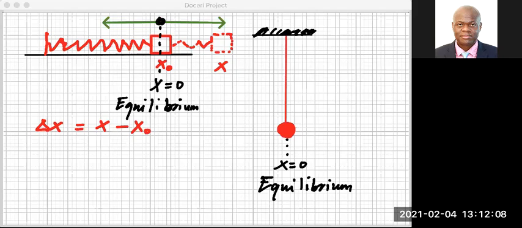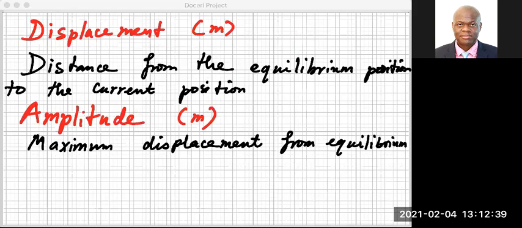So this is equilibrium, and if this was the maximum the spring went, maybe I should just get this to the next page. Okay, so I'll place it here.